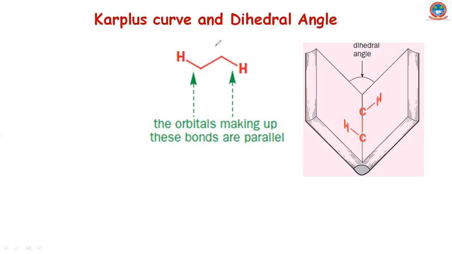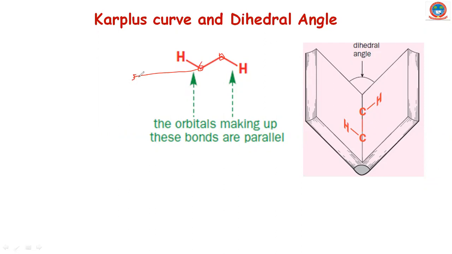You see here, if you consider this carbon-carbon bond, this is a carbon, and this is also carbon. And this hydrogen is attached through this bond and this bond. This carbon is sp3, right?